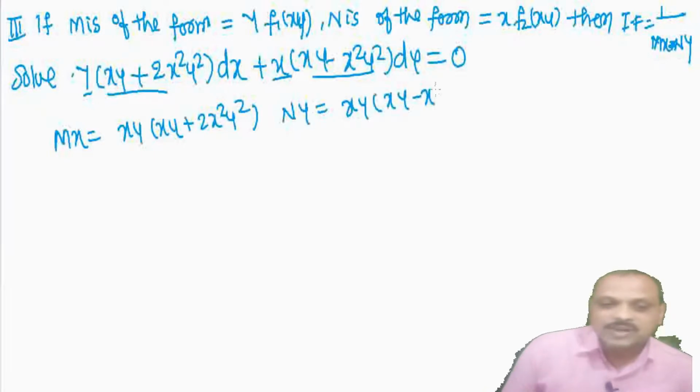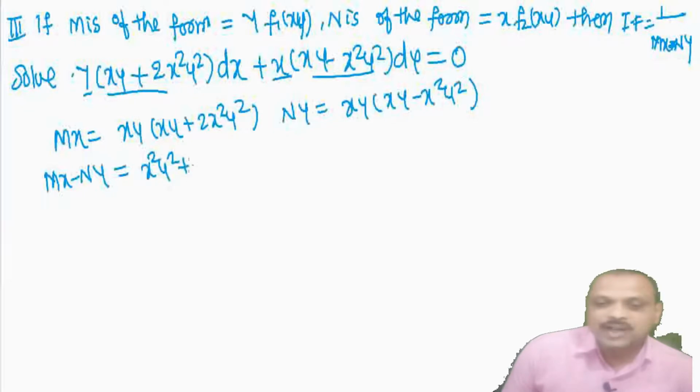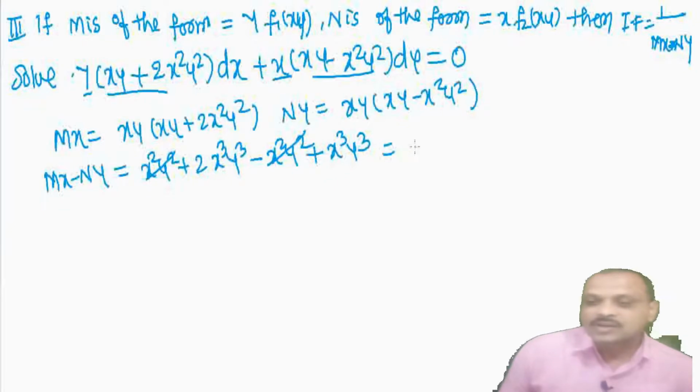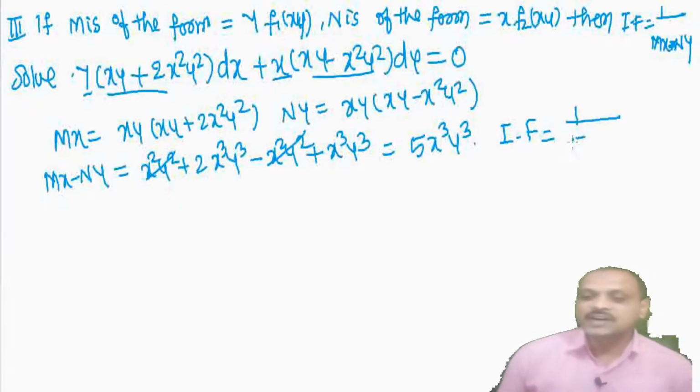Now Mx minus Ny equal to x square y square plus 2x cube y cube minus x square y square plus x cube y cube, which is 3 x cube y cube. Therefore, what is the integrating factor? Equal to 1 divided by 5 x cube y cube is an integrating factor.